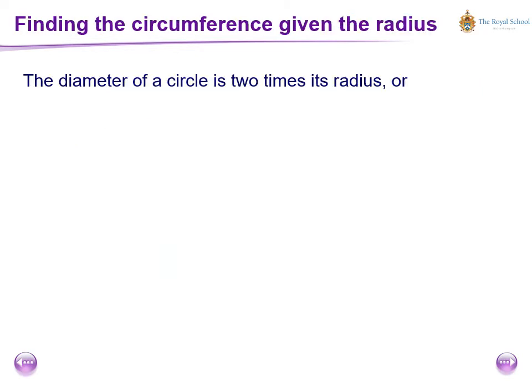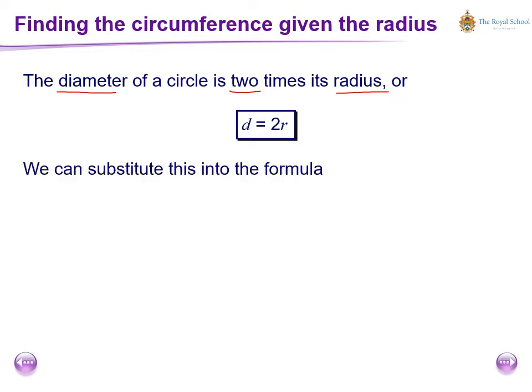So what if you're not given the diameter of a circle though? Well, that's quite straightforward. You'll always be given the diameter or the radius. So if you don't have the diameter, you'll have the radius of the circle. And the diameter of a circle is 2 times the radius. So we could write that again algebraically. The diameter is 2 times the radius. And you can pop that into the formula.